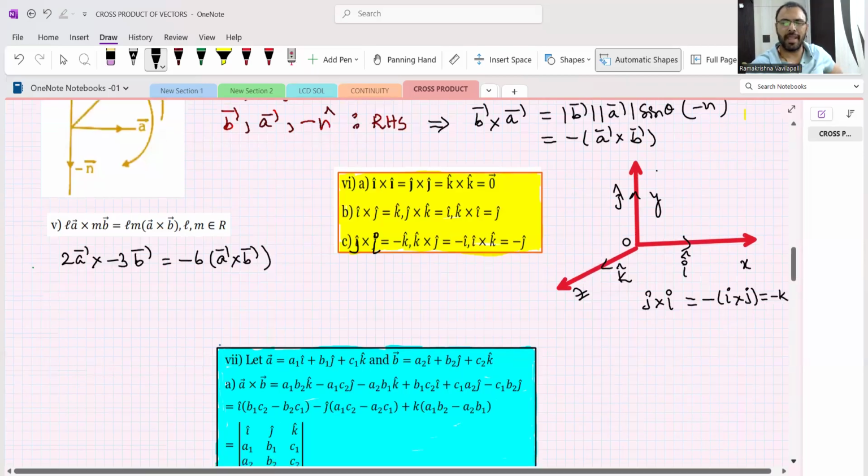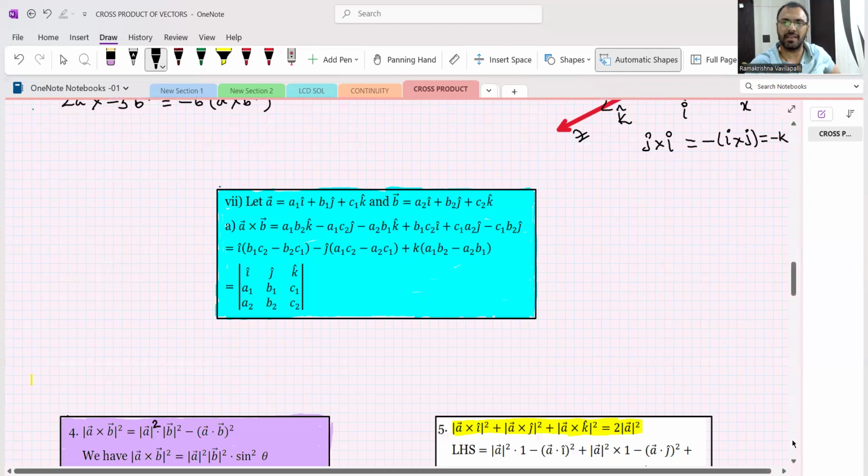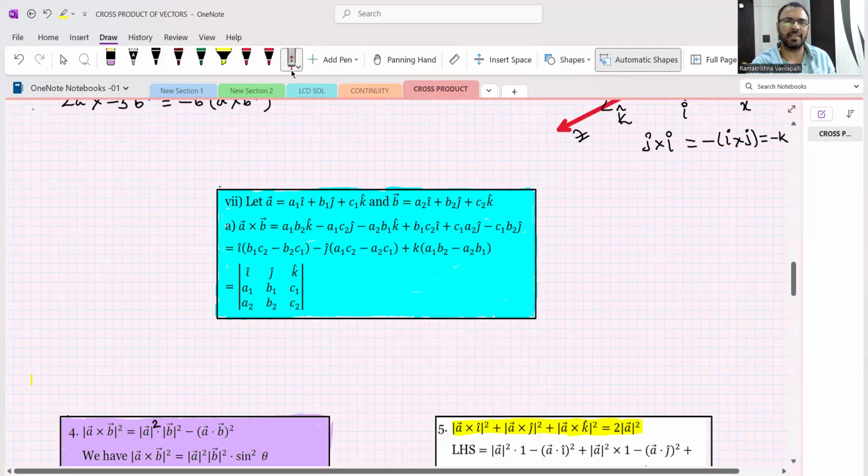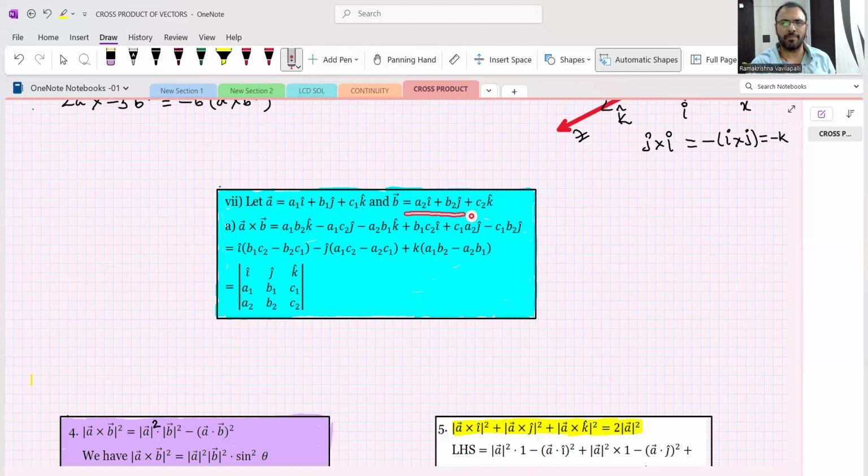Now, the main point we are approaching is how to find the cross product of two vectors. This is important. Suppose the A bar vector is given as A1i plus B1j plus C1k, and the B bar vector is given as A2i plus B2j plus C2k.